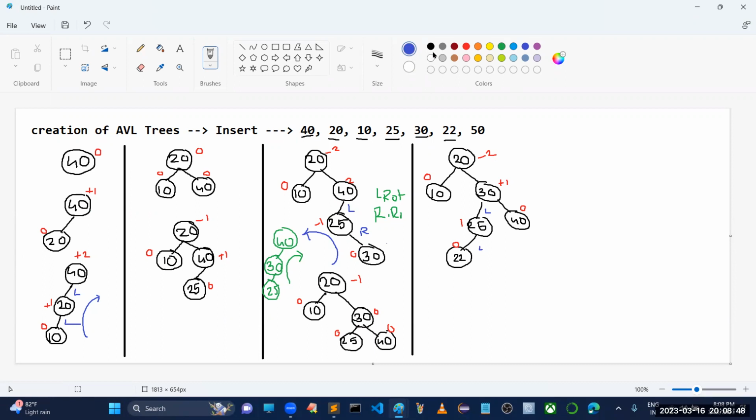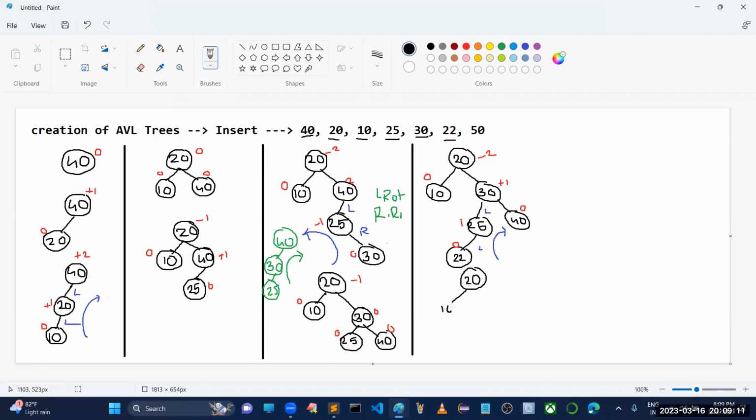Now, it is LL. LL means what? How many rotations do we have to do? Only one rotation. Since it is left, which rotation do we have to do? Right rotation. Right rotation means in this style we have to do. Then what about your nodes? The main node is 20.